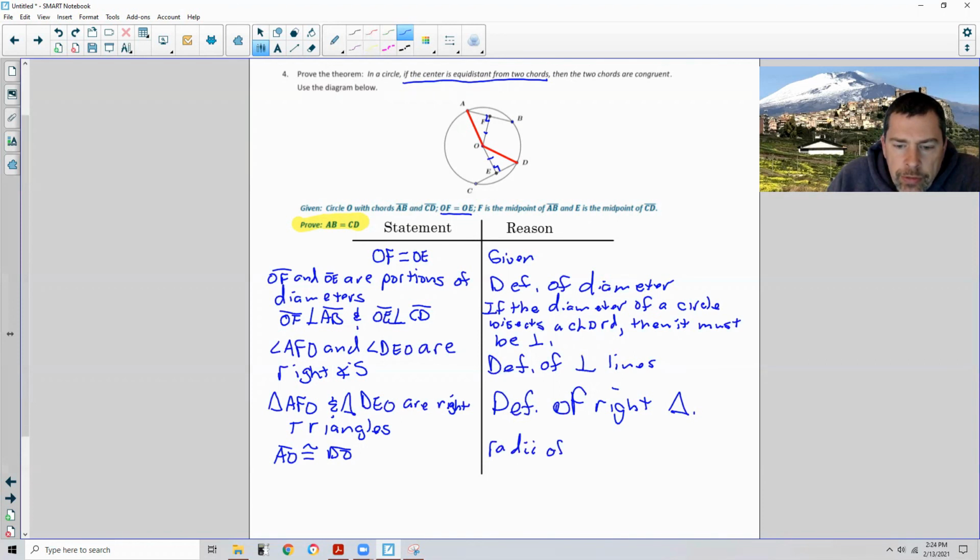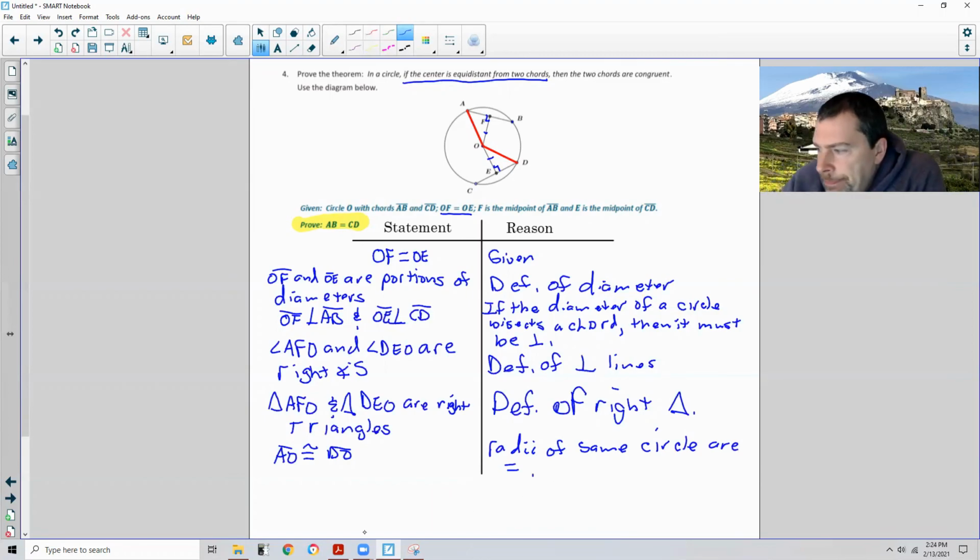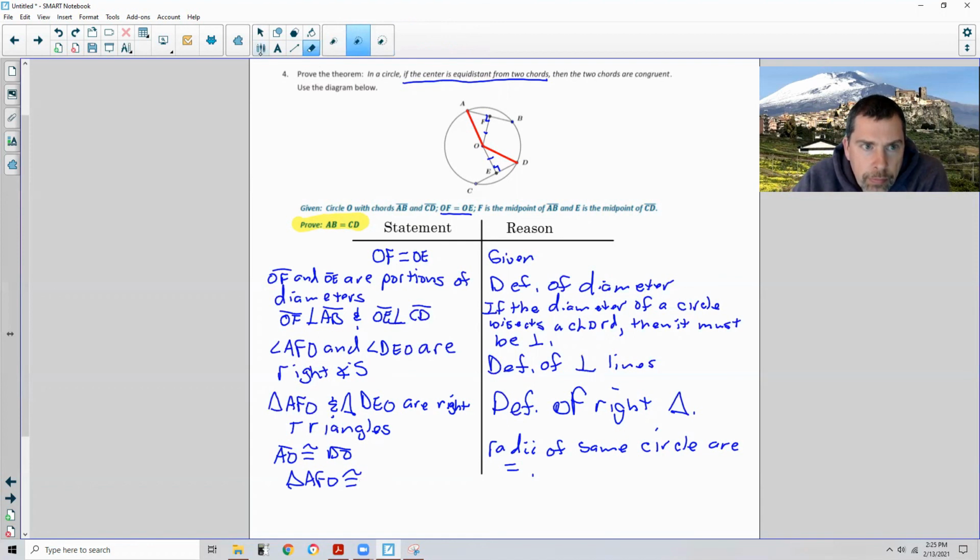Radii of the same circle are equal in measure. Okay. And now I can say triangle AFO is congruent to triangle DEO. Because this is congruent to this, OE is congruent to OF, and we have 90 degrees, 90 degrees.